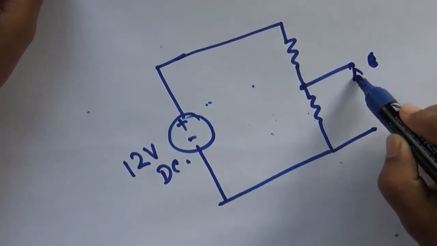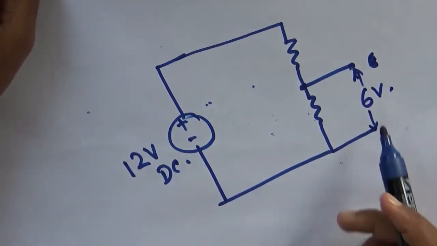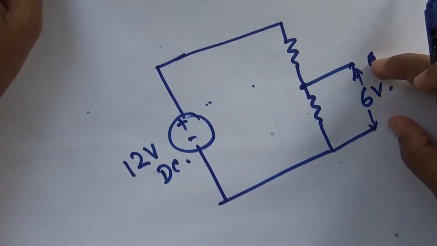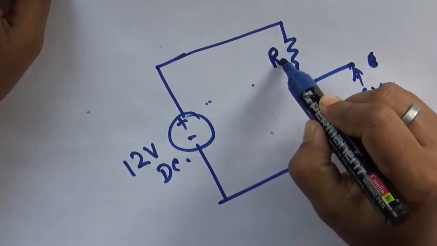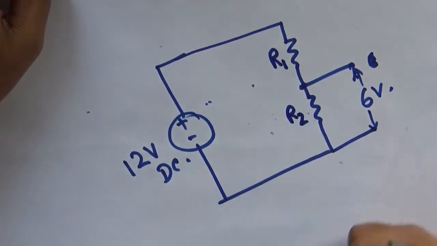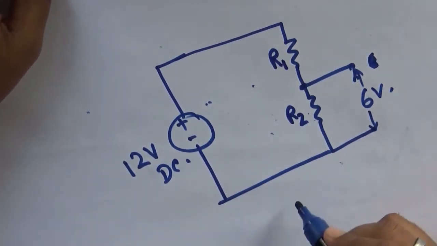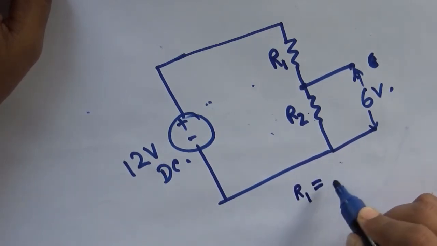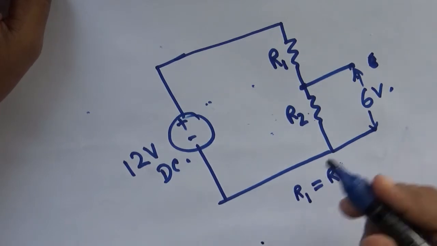Suppose here it is 6 volts. How can we draw it? We have to keep R1 and R2 the same. If R1 is equal to R2, then we can find it. Let us just remember our voltage formula.